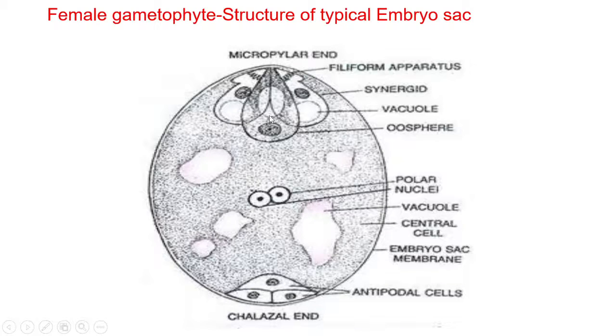It is a prominent cell with a large vacuole. The white area is the vacuole toward the micropylar end, with aggregation of cytoplasmic elements at the chalazal end. In the egg apparatus there is a single nucleus, centrally located in the egg cell.